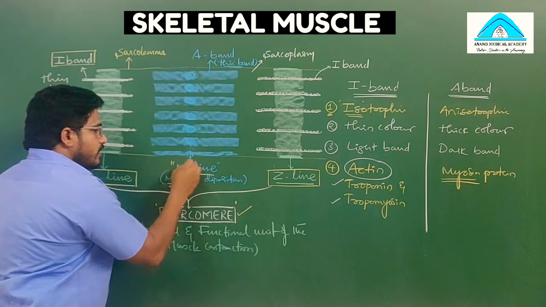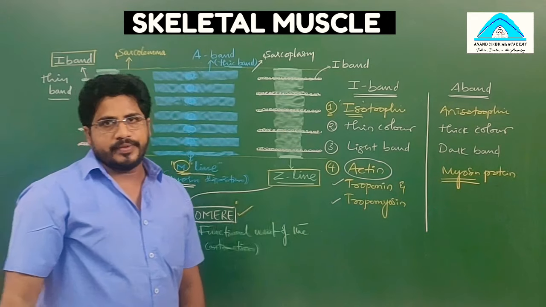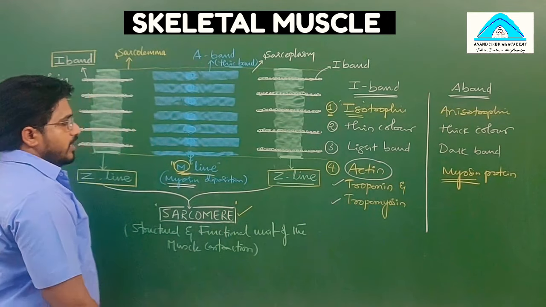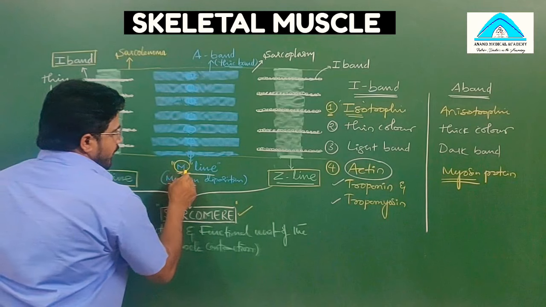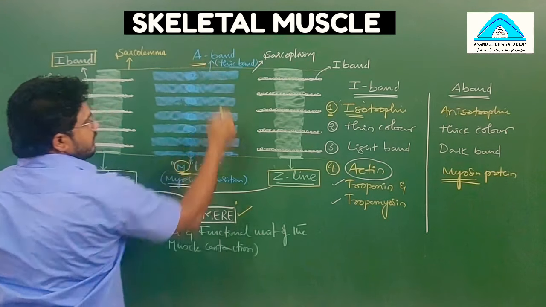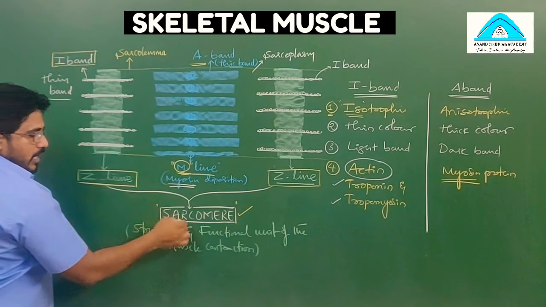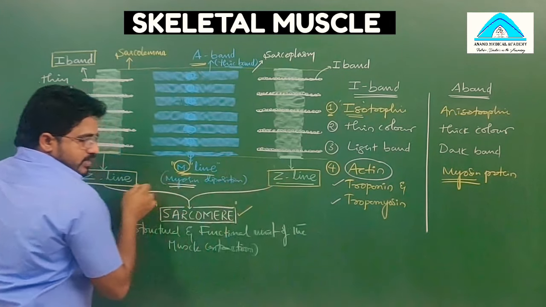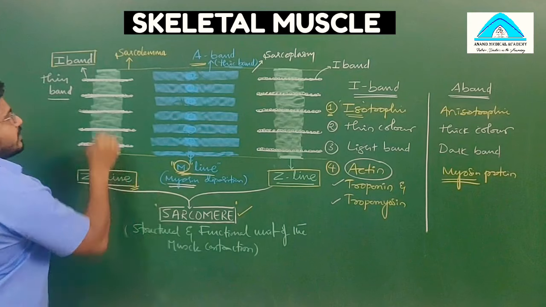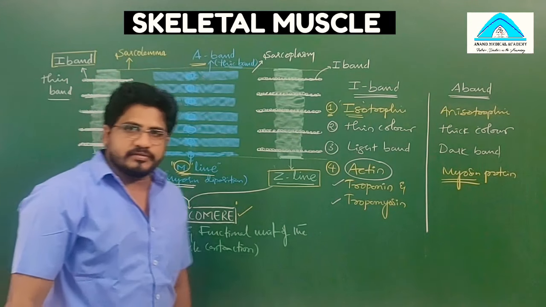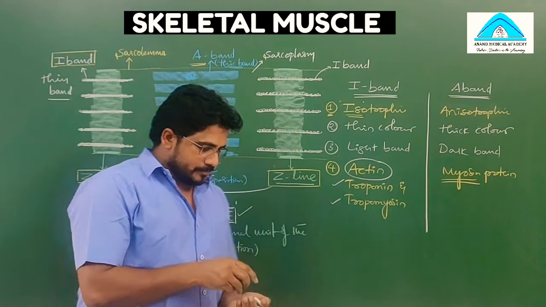The M line, resembling myosin line, not middle line. Clear? Many times I told you, again I am telling you to avoid your confusion. The M line is present in the center of the A band. The A band is present in the center of the sarcomere. Sarcomere means the space between two Z lines. What is the Z line? The center of the I band, or center of the thin band or light band.